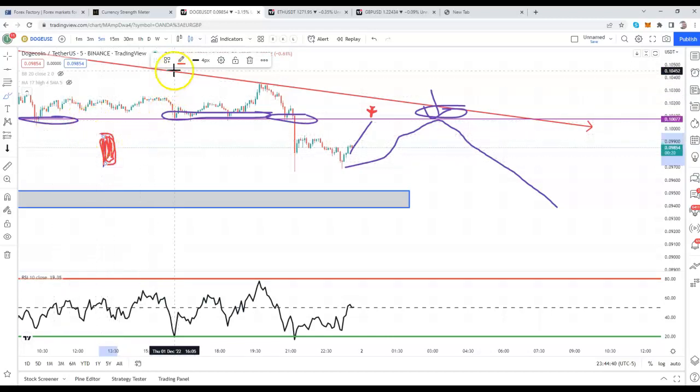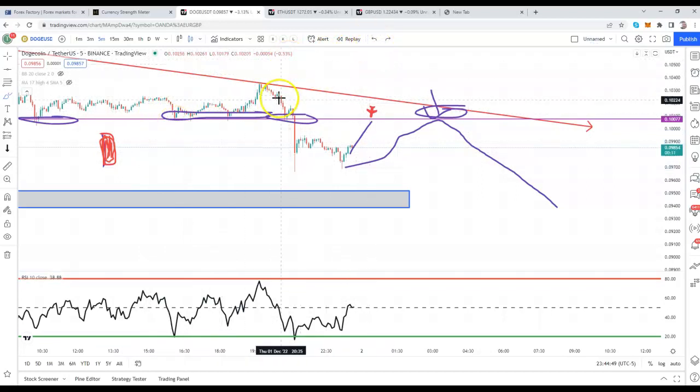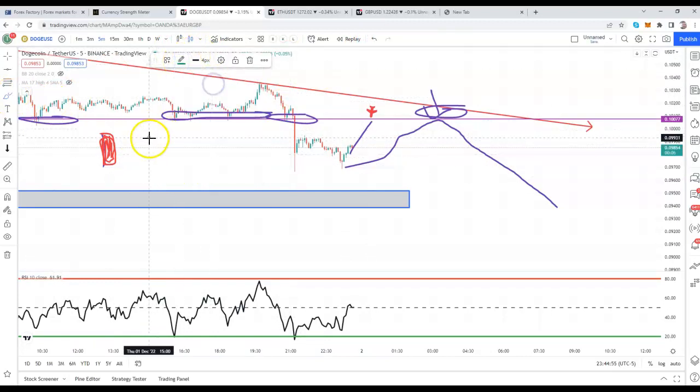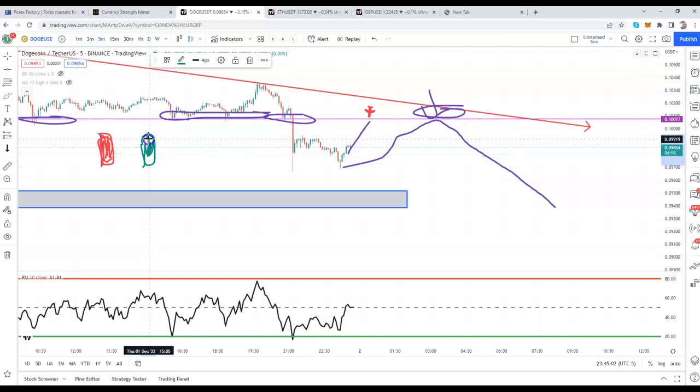Or if it's bullish, we could see a bullish engulfing candle.